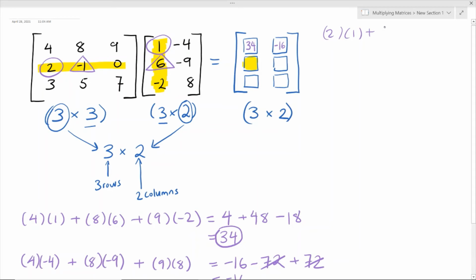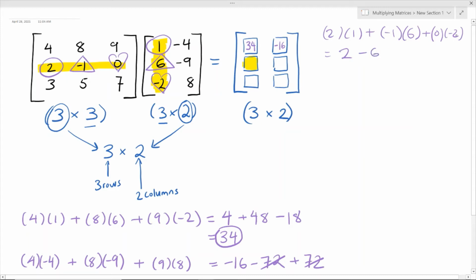Then plus the third entry: the third entry in the row is 0, and the third entry in the column is -2. So 0 times -2.